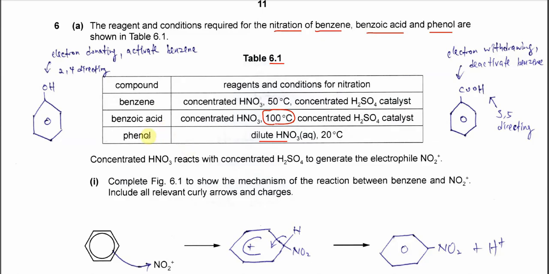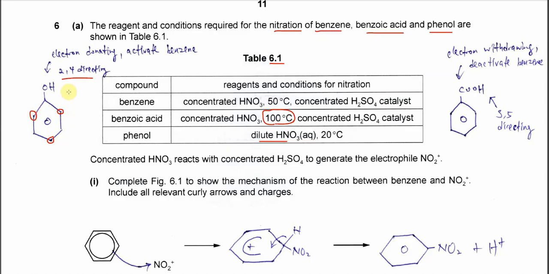For phenol, because we know that the OH group is electron donating, the lone pair on oxygen will delocalize into the benzene ring. So it's going to be 2,4 directing. This means when the nitro group approaches the phenol, it will bond to the 2, 4, 6 positions.